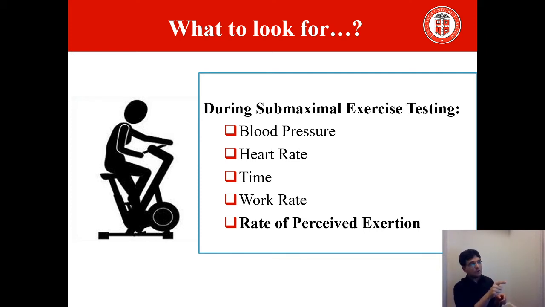And I've already talked just a while back about the RPE. So keeping in mind these parameters, we can comment on the health of the cardiorespiratory system of that particular person.